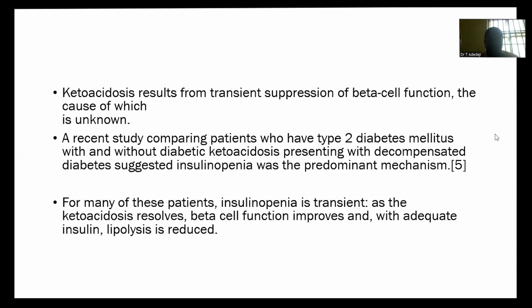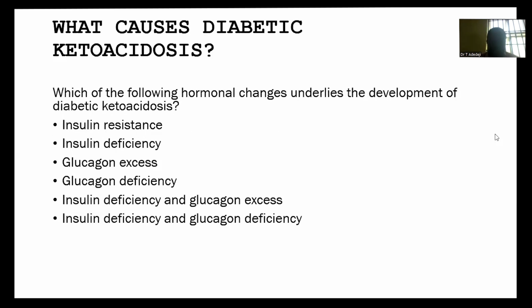A recent study comparing patients who have type 2 diabetes mellitus with and without diabetic ketoacidosis presenting with decompensated diabetes suggests insulinopenia as the predominant mechanism through which this condition arises. That's atypical diabetes. For many of these patients, insulinopenia is transient. As the ketoacidosis resolves, beta cell function improves, and with adequate insulin, lipolysis is reduced, and so formation of ketones also becomes normal.